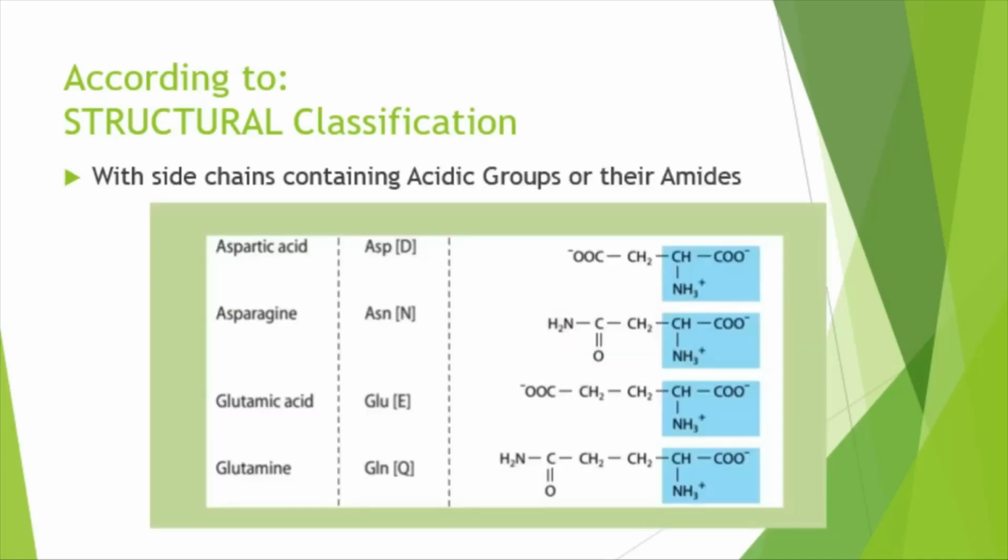And side chains containing acidic groups or their amides. So again, carboxylic group is COOH, right? Or COO. So aspartic acid, this is your COO, asparagine, glutamic acid, COO, and glutamine, CO here.